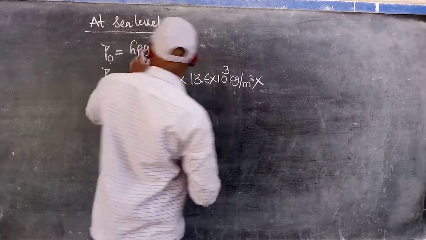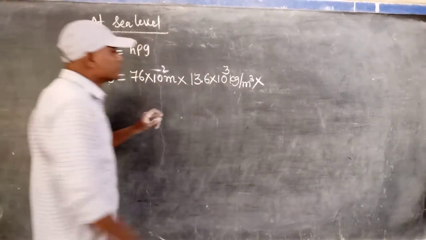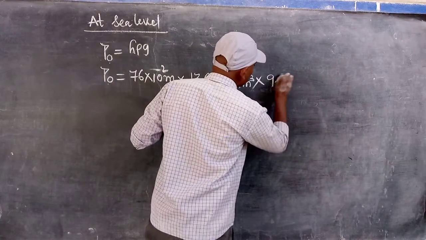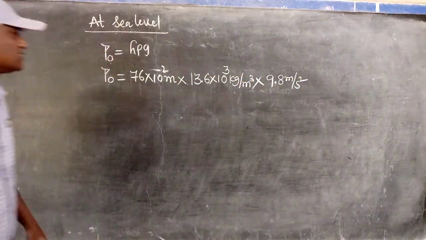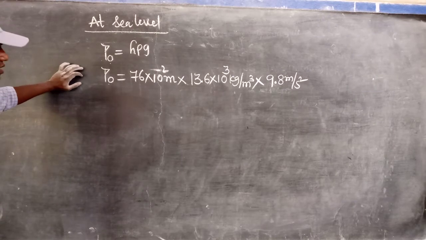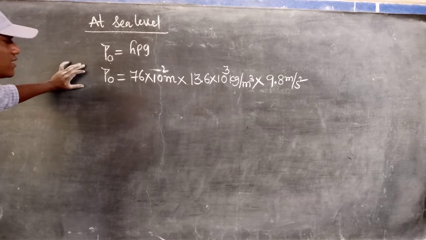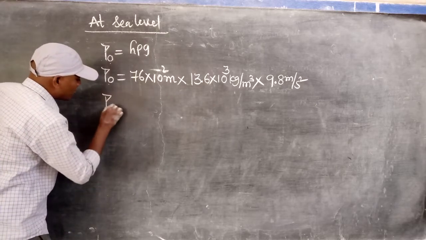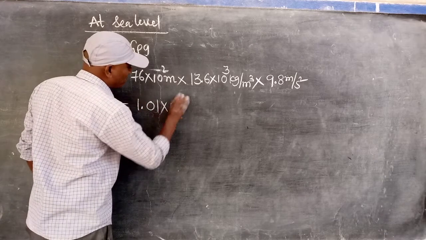Into g, which is acceleration due to gravity. What is its value? 9.8 meter per second square. So 76 centimeters we write as 76 into 10 power minus 2 meter, 13.6 into 10 power 3, and 9.8. Then finally P naught is equal to 1.01 into 10 power 5.